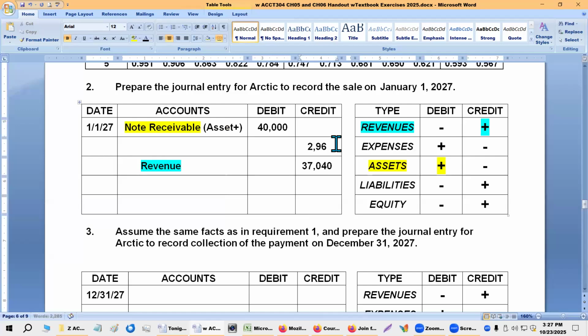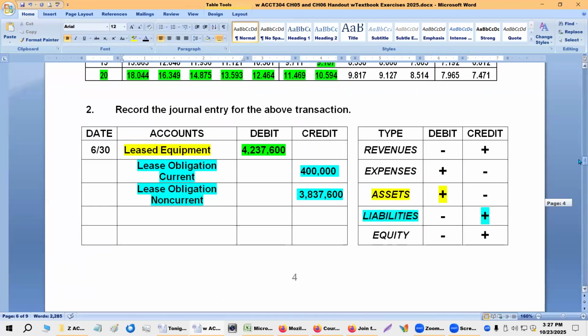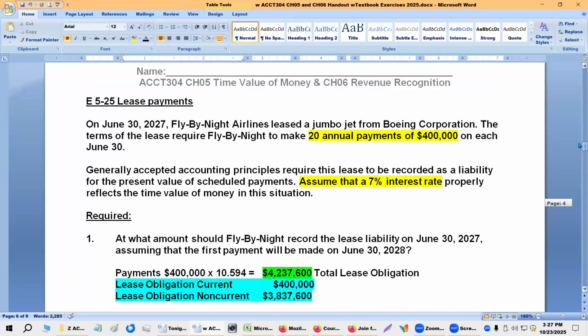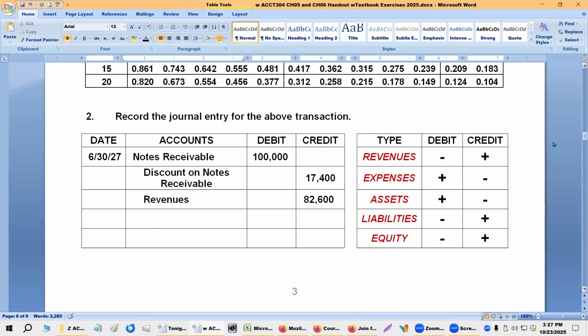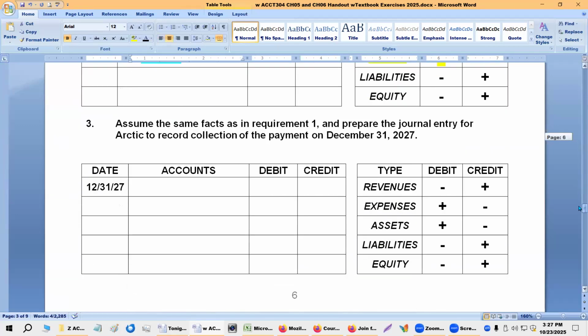And this is going to be, I think we already did this one, didn't we? Discount on notes receivable. This is going to reduce our notes receivable by, well, this one's going to be different.